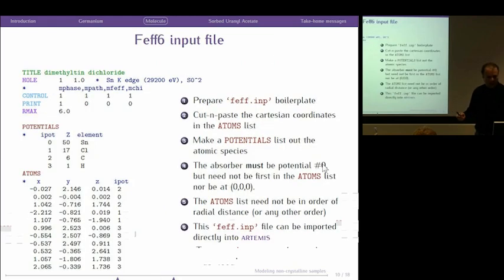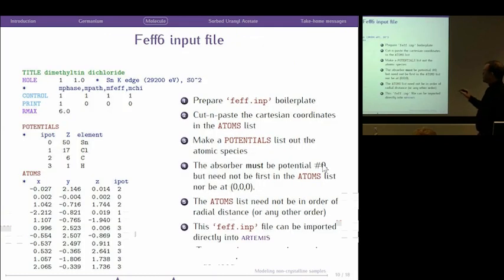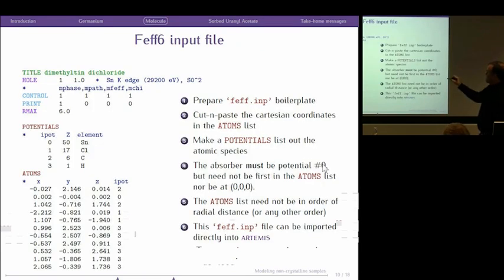So I opened up a text editor, and I took this file and edited it a little bit to look like this file. You will notice that these three columns are verbatim the same as these three columns. I made a potentials list to identify the atoms the way that Feff needs them to be identified, and I made this column of numbers.